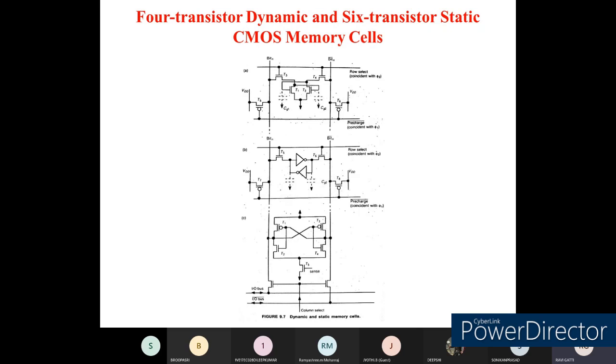Since these are giving the excitation levels along with the bit representation, it has been connected to the pre-charge mode, and this pre-charge mode in turn is connected to the row coincidence, which is connected to T3 and T4, and which in turn is connected to your T5 and T6. So that is how we can do the implementation by using a 4 transistor dynamic memory cell.